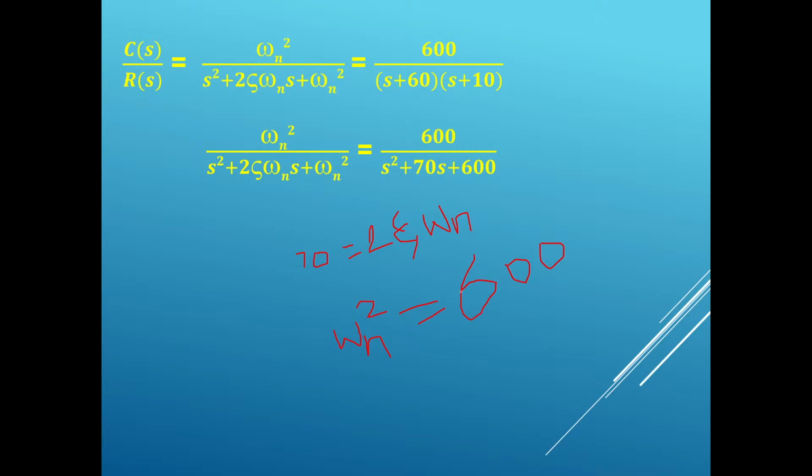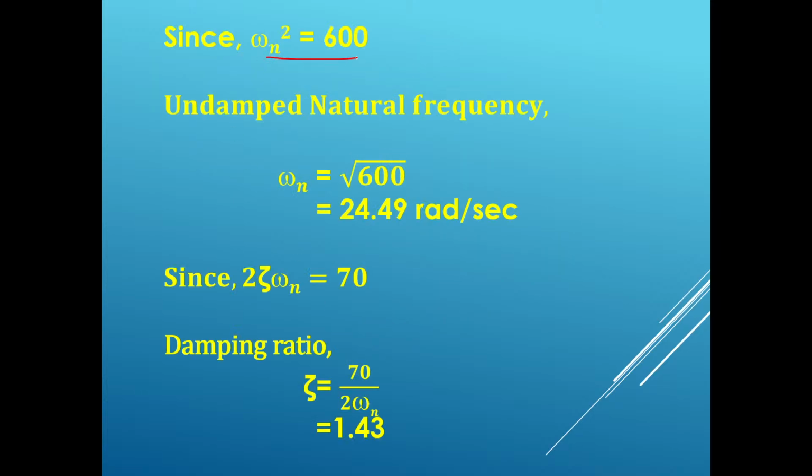When you compare those two, the coefficient of s in the denominator will be equal to 2 zeta omega n, and omega n square will be equal to the numerator term, that is 600. So omega n is equal to root 600, which is 24.49 radians per second.